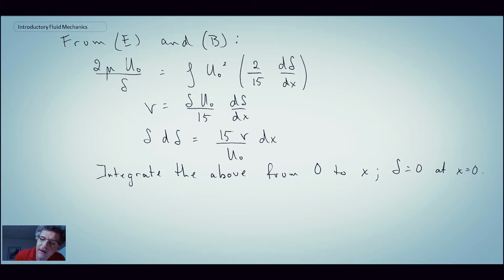And knowing that the boundary layer thickness was 0 at x equals 0, he used the boundary condition in order to get the constant of integration.